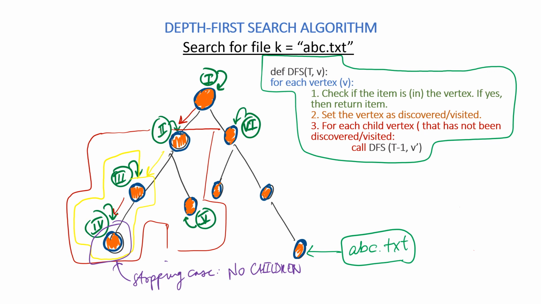So I will return, I will go back up from here, go back up from here, and reach vertex number 2 again. Now I have to look at, so I have to go right at vertex number 2. So I look at this right subtree.